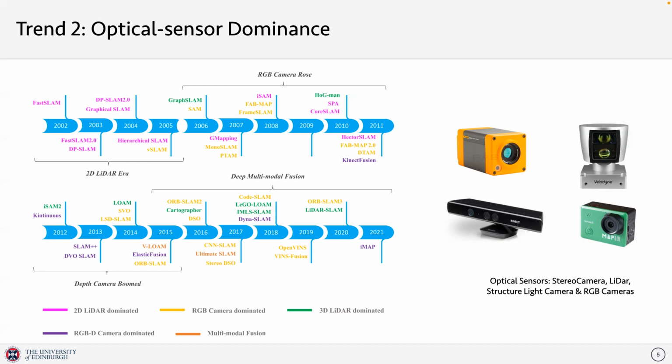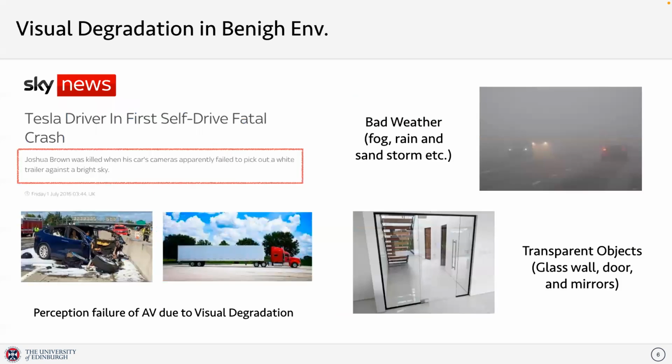We know optical sensors are very ubiquitous. They are becoming very low cost these days. But the problem here is that these sensors are not always reliable and can fall short when there is visual degradation. So what visual degradation are we talking about, and is it significant?